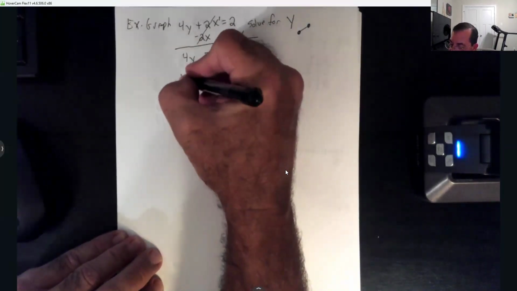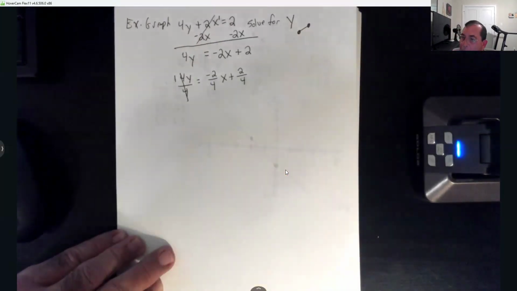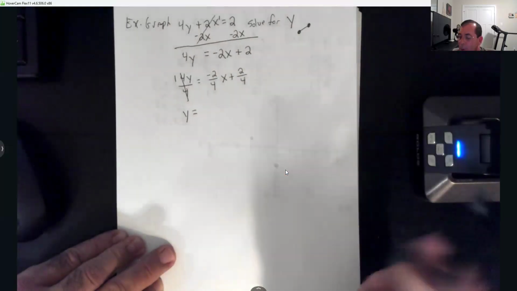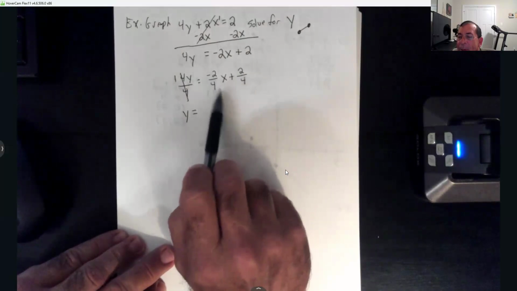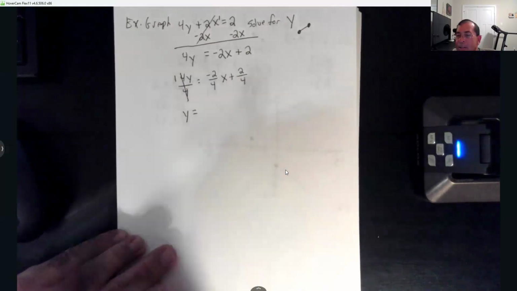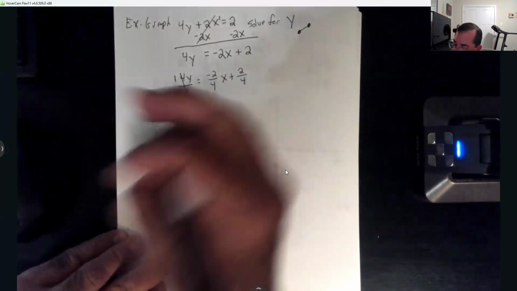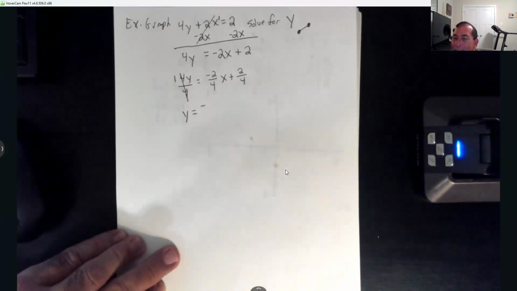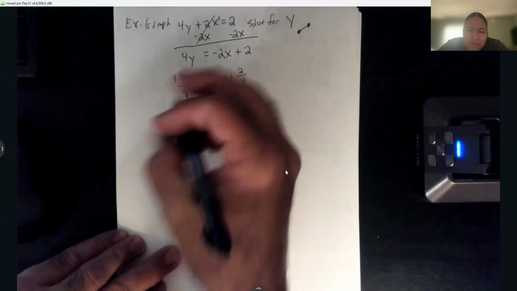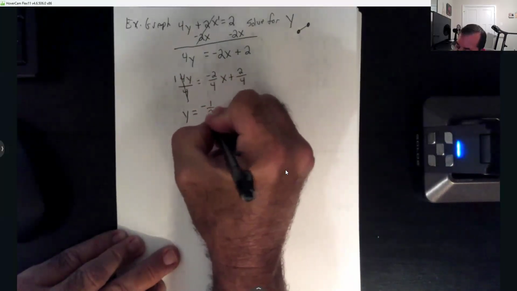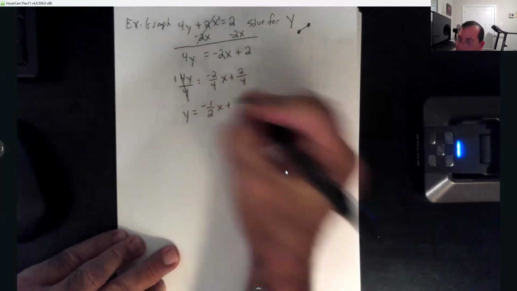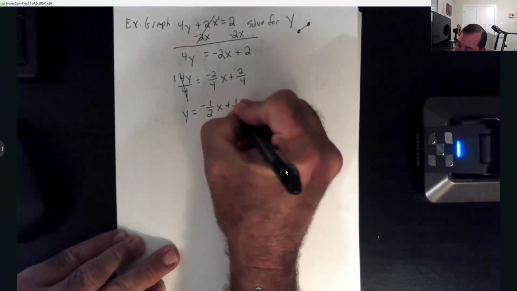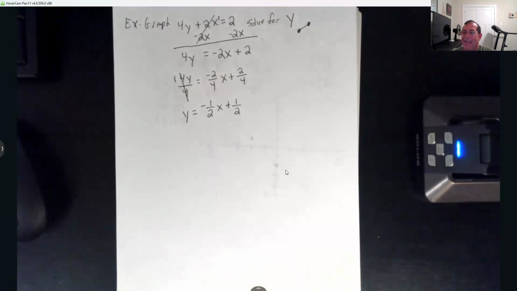So this one, 4 divided by 4, will give me a 1y like we wanted. Oh, y'all, can't divide that, but can you reduce those two fractions? I know that'll be a negative what? 1/2. So negative 1/2 x. And I guess that's going to be plus a 1/2 at the end.